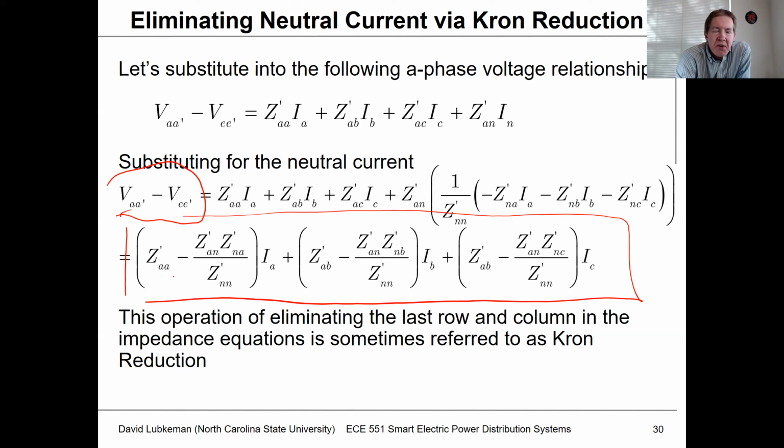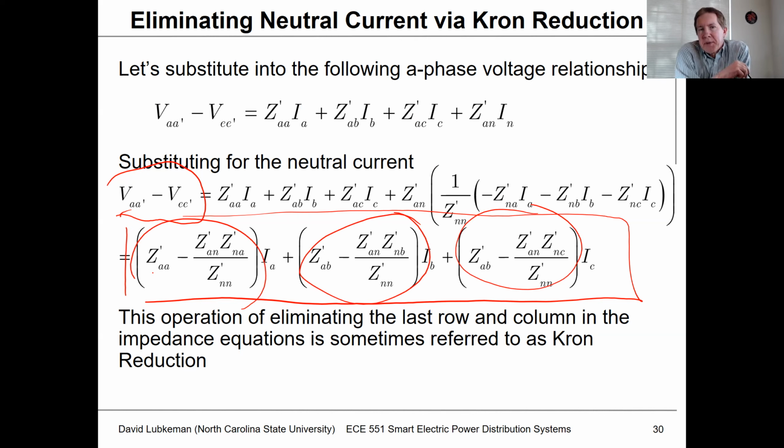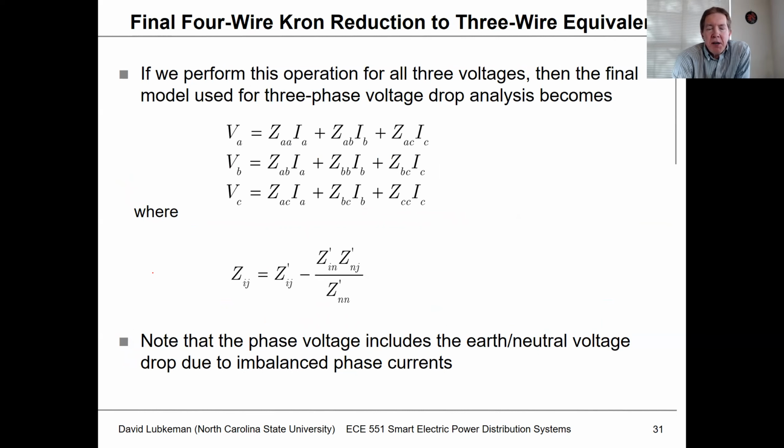You'll note now that the ZAA term we're going to use is ZAA prime minus ZAN prime times ZNA prime divided by ZNN prime, where these expressions are obtained by what we sometimes refer to as Kron reduction. Some of you might have heard of doing a Kron reduction before. So anyway, we end up now with a 3-by-3. These are the terms now without the primes on them.